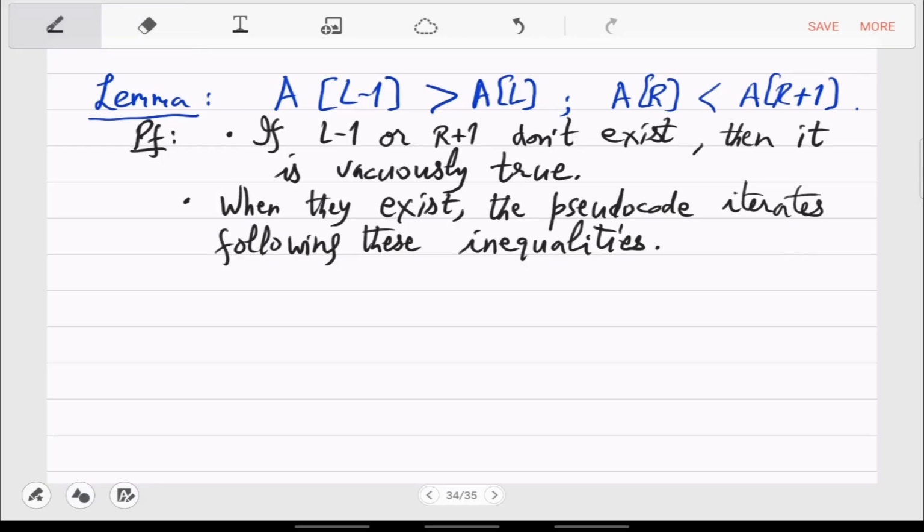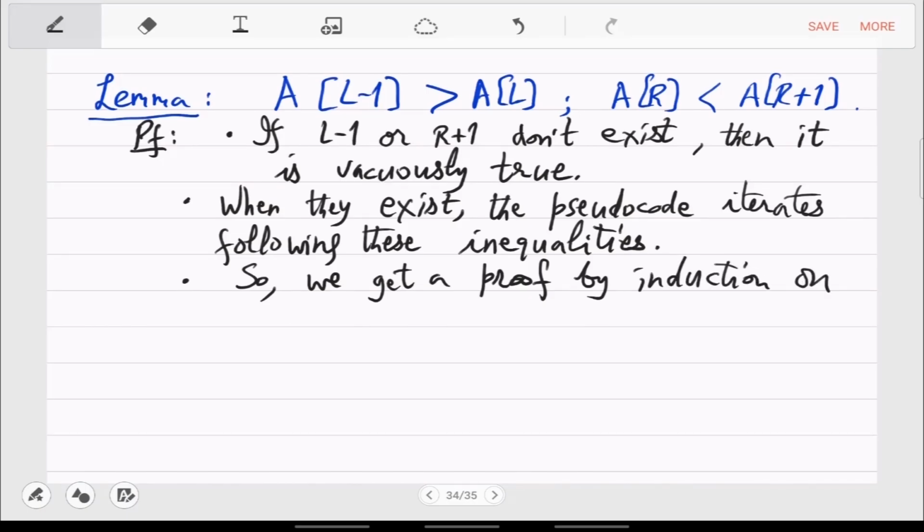So formally you have to say that it follows by induction. Induction on the number of iterations. Okay, so you have to be clear about these phrases. What is the induction on? What is the base case? And what is the induction step? The base case is the 0, n minus 1 case. The induction step is the pseudocode itself.